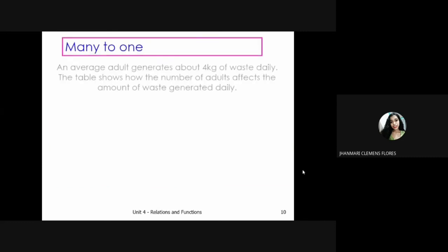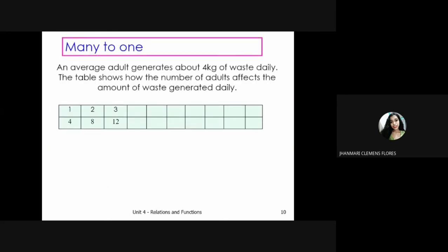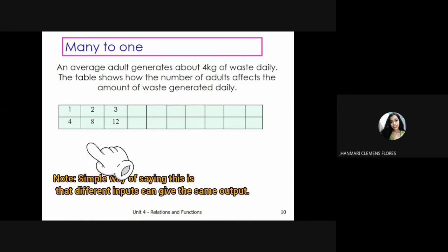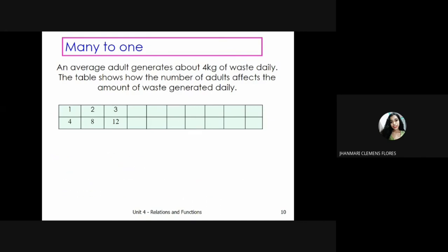So let's move on to the types. We got two types of relation, which are many to one and one to one. However, let's discuss this first. This is also an example. Let's say an average adult generates about 4 kilograms of waste daily. The table shows how the number of adults affects the amount of waste.